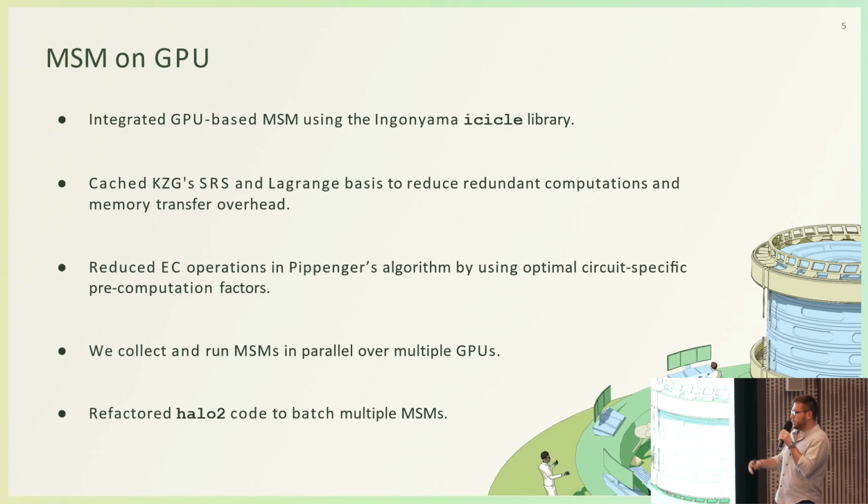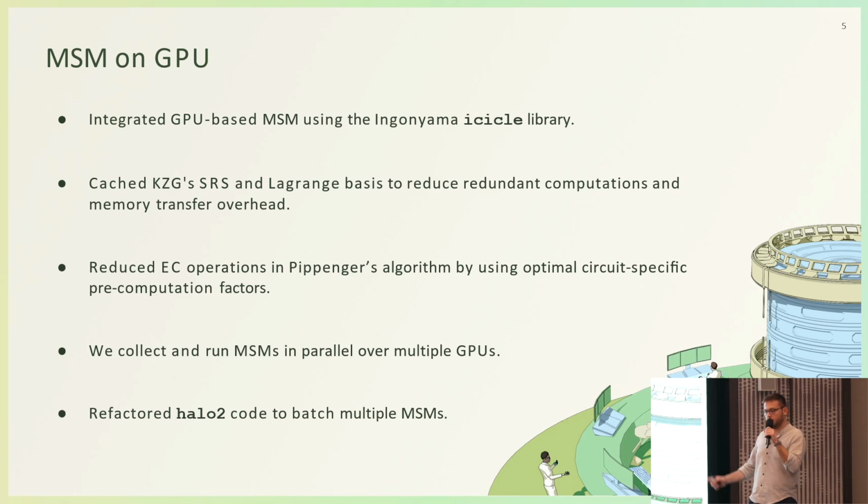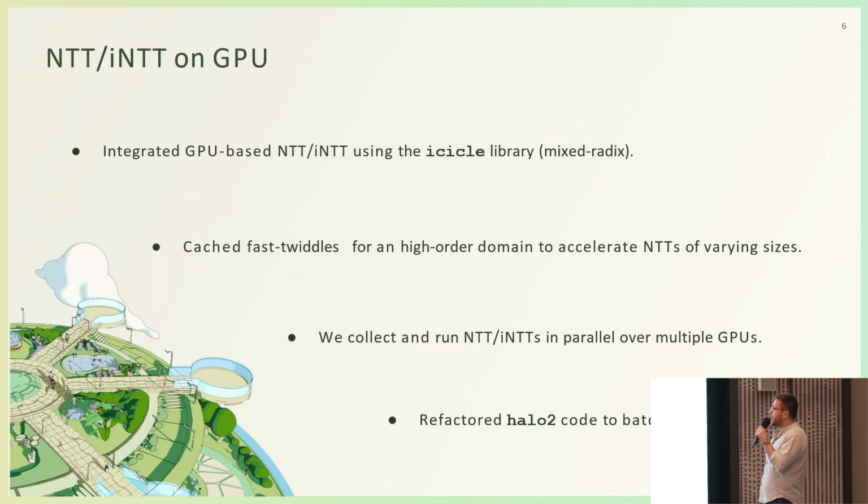Another thing we did was a quite substantial refactor of the Halo 2 code base. This is because we wanted to collect as many independent MSMs as possible for two purposes. First, to spread the computation over multiple GPUs. And secondly, to take advantage of another feature of ICICLE, which is the batch MSM. For NTT and inverse NTT, we did something similar.